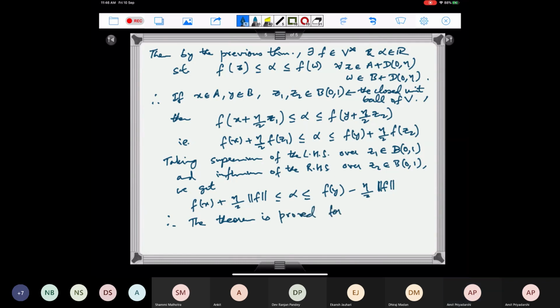Or epsilon I can take as eta by 2 norm f. Then f x is less than or equal to alpha minus epsilon, and f y is bigger than or equal to alpha plus epsilon. For epsilon equal to eta by 2 norm f, we get this.